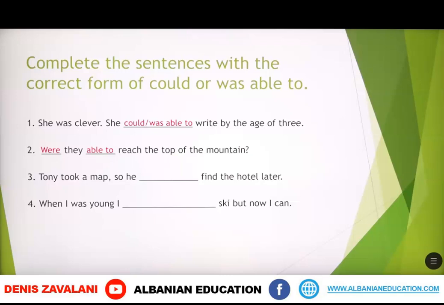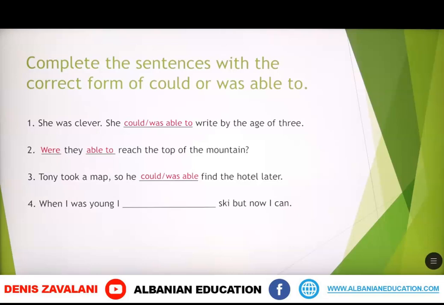Number 3, Tony took a map, so he, is it could or was able to? Tony took a map, so he could find the hotel later, or he was able to find the hotel later. So both of these expressions are correct in this case. We can say he could find the hotel later, he was able to find the hotel later.